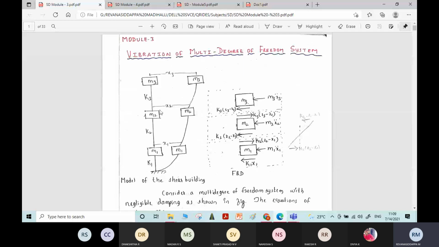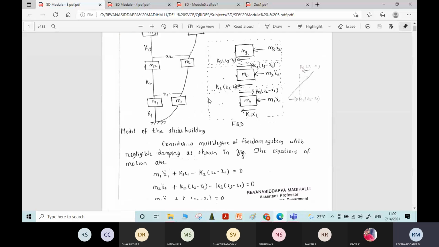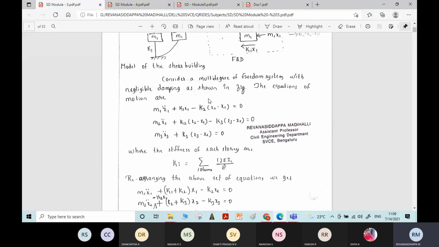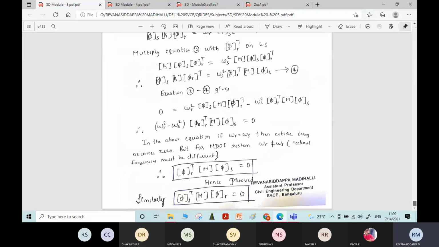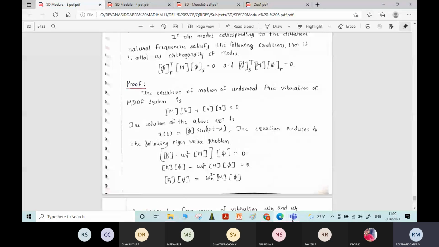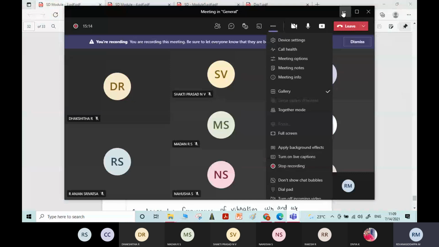So in Module 3, 90% there will be problems. If they are going to give any theory questions, they have only one option. What is that? Orthogonality of modes. Everyone compulsorily be prepared for this derivation, orthogonality of modes.